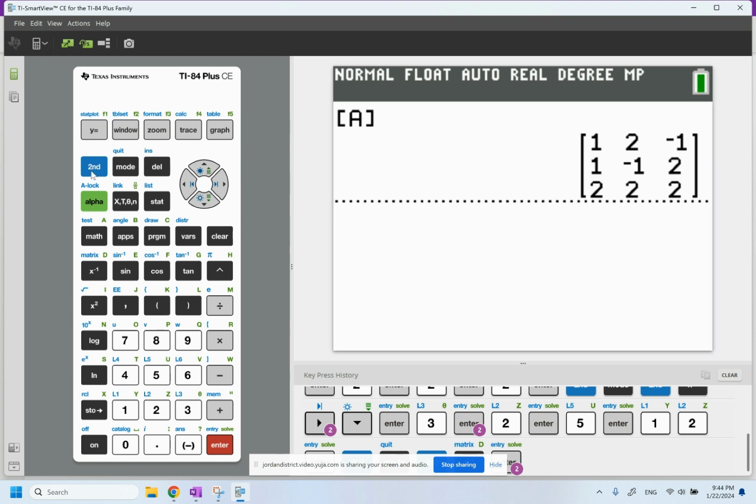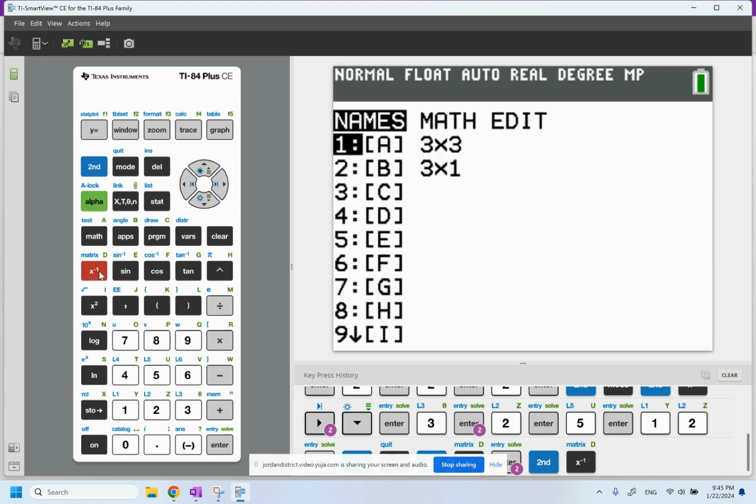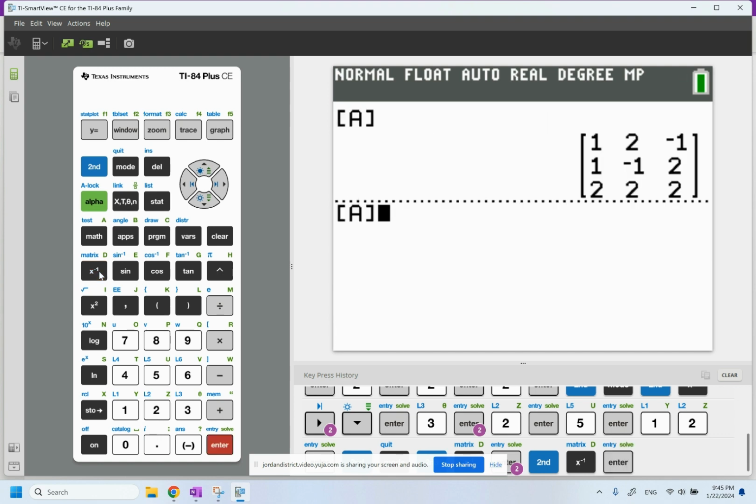We hit second function, matrix, go to A. I'm going to hit A again. But this time I want the inverse of A, so I'm going to hit that same button again.